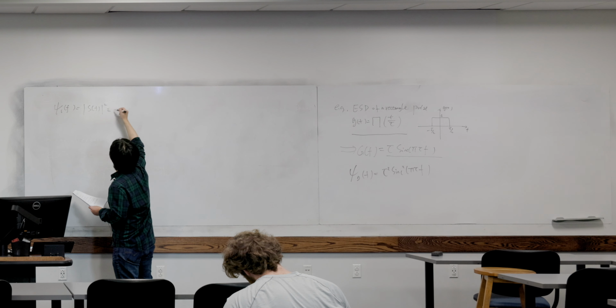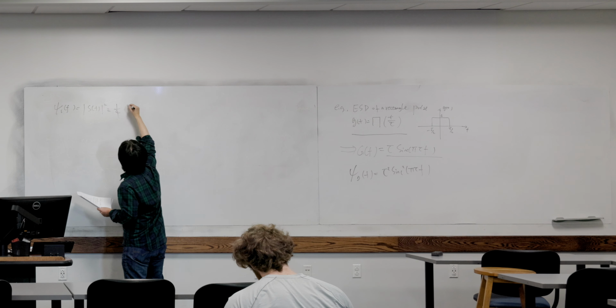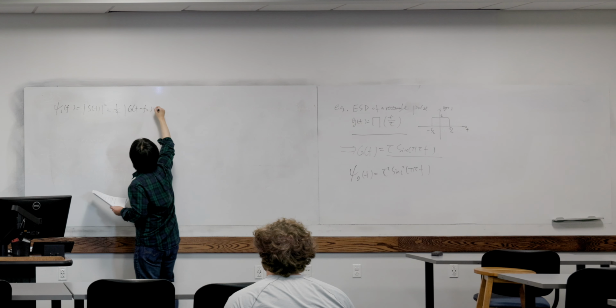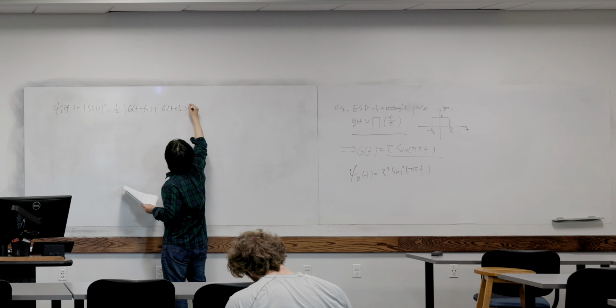So that equals, that squared is 1 over 4 times the quantity g of f minus f₀ plus g of f plus f₀, squared.